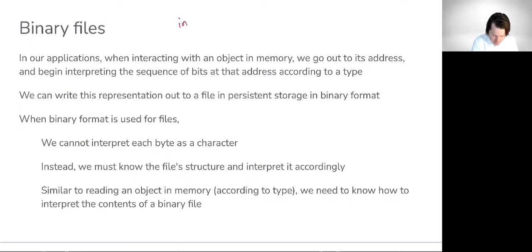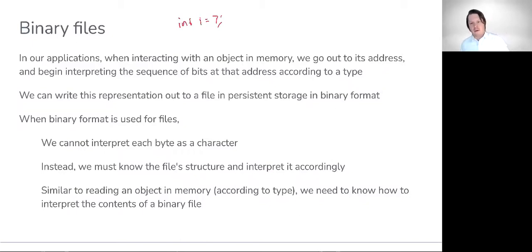So if we have something like int i = 7, we're creating an integer object named i. It has an address. It lives there somewhere in the memory allocated to our program. If we'd like to see i, we go to that address and we begin interpreting the sequence of 1s and 0s there according to the base type as an integer. And we'd get back the value of 7.